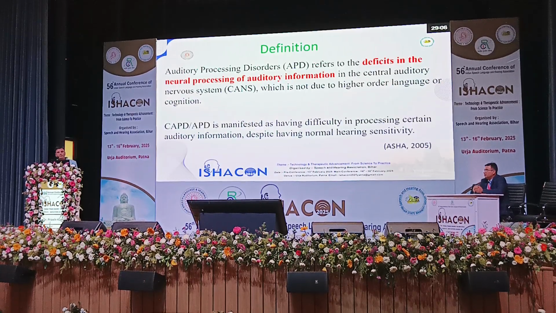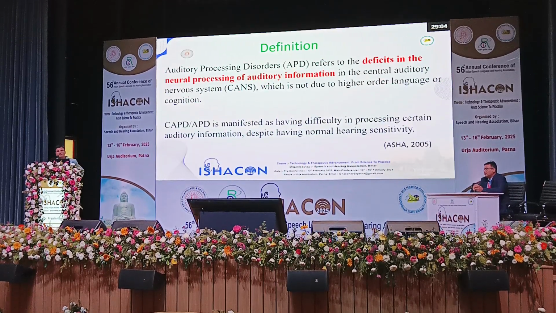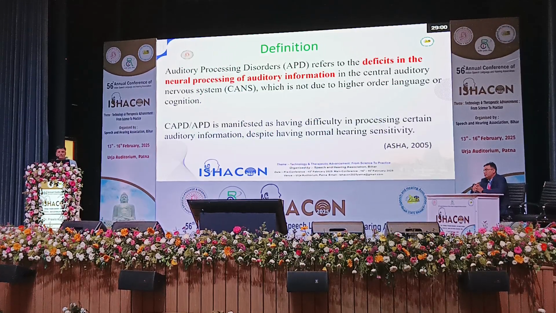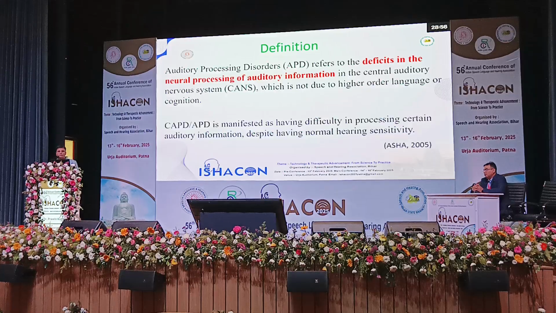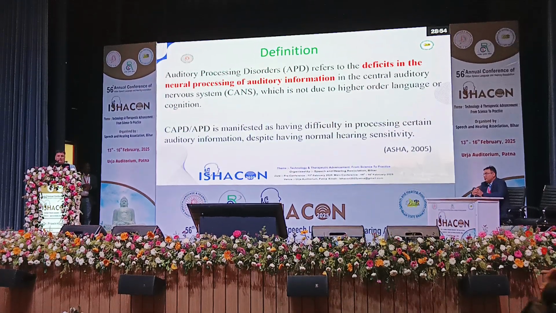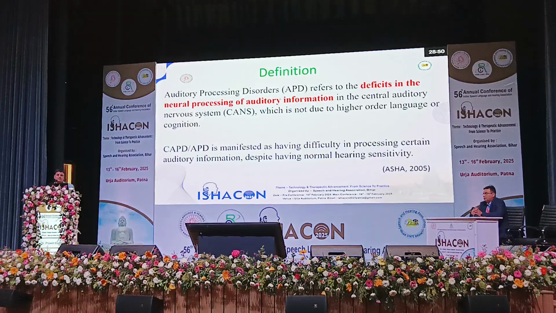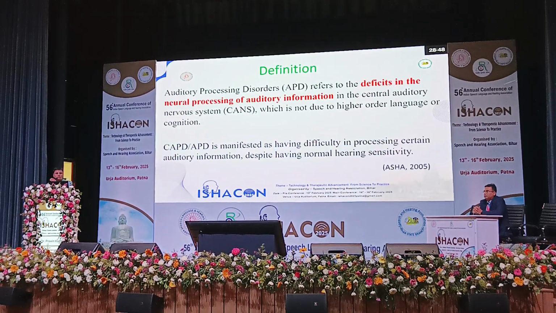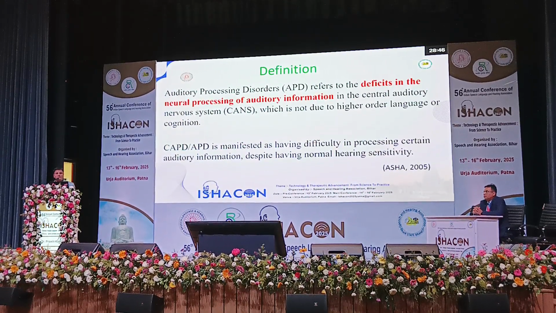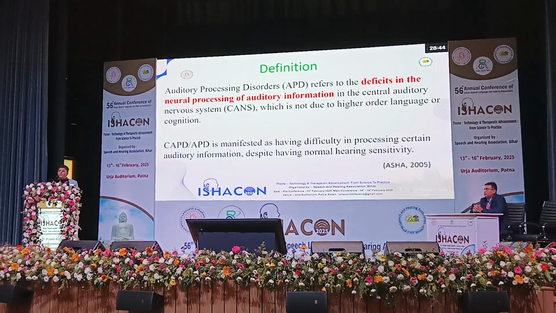So when it comes to APD, auditory processing disorder, it is defined as a deficit in the neural processing of auditory information in the central auditory nervous system, which is not due to higher-order language or cognition. Further, it is also manifested as having difficulty in processing certain auditory information despite having normal hearing sensitivity.